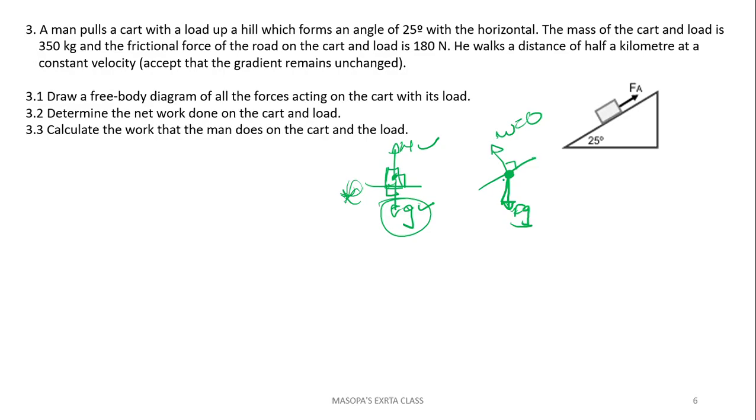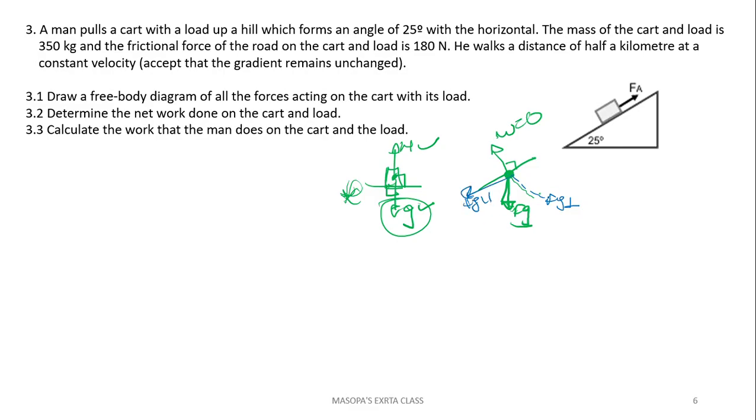And there are 2 steps in order to calculate the work done by the gravitational force. The first one, you're going to resolve your Fg. Let me change the color very quickly. You know that you're going to have Fg perpendicular and Fg parallel.